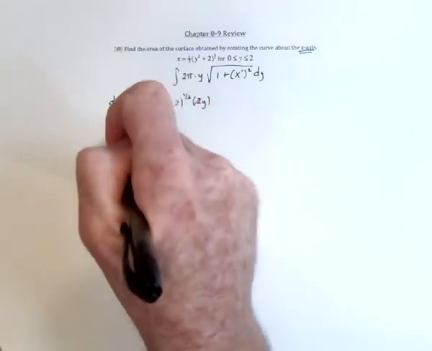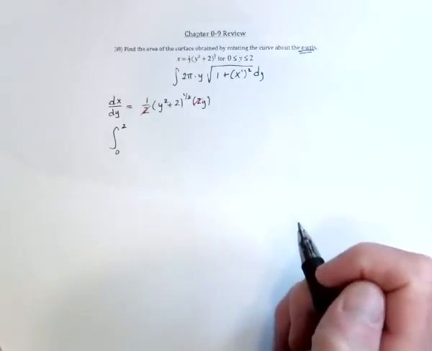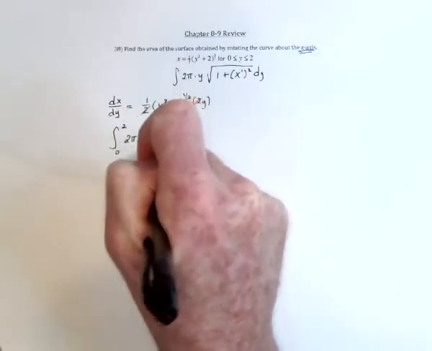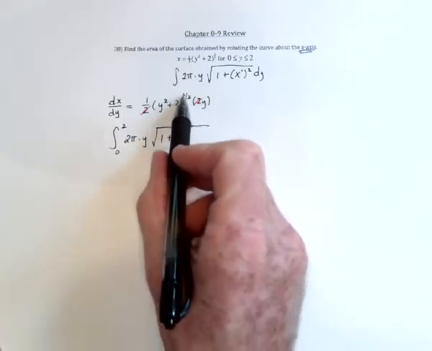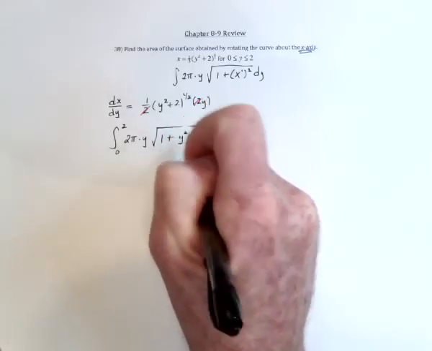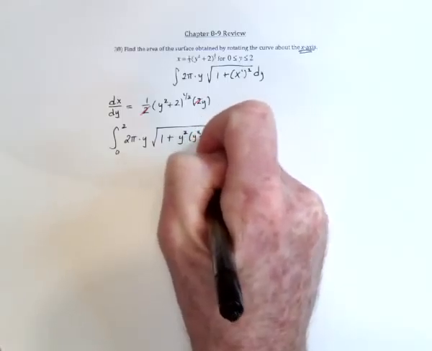So integrate from 0 to 2, it says. 2 pi times y, and then the square root of 1 plus, and now we need to square this derivative, which means we'll have a y squared right here, and this radical will be gone. So we'll have a y squared, the radical's gone, there's y squared plus 2.